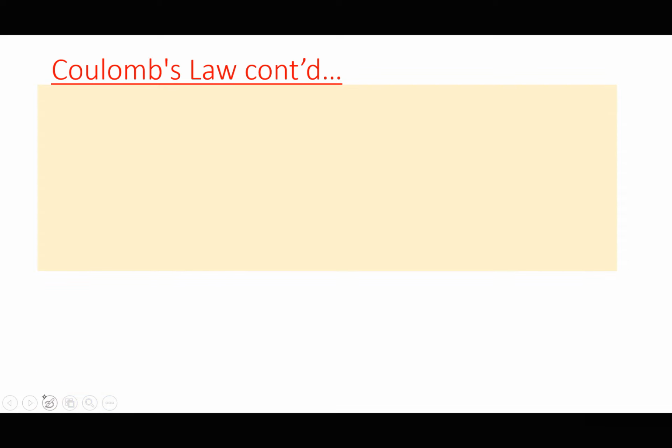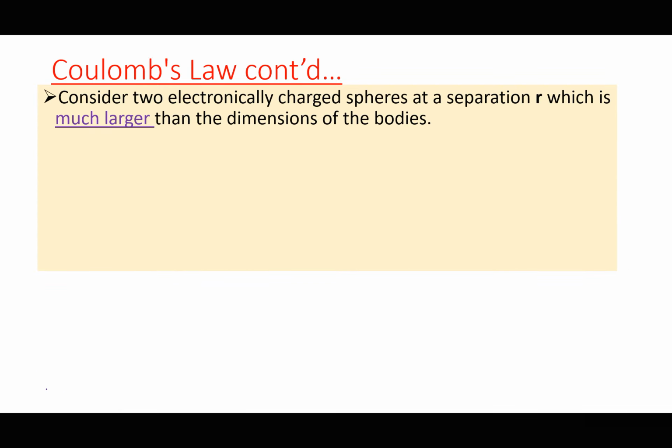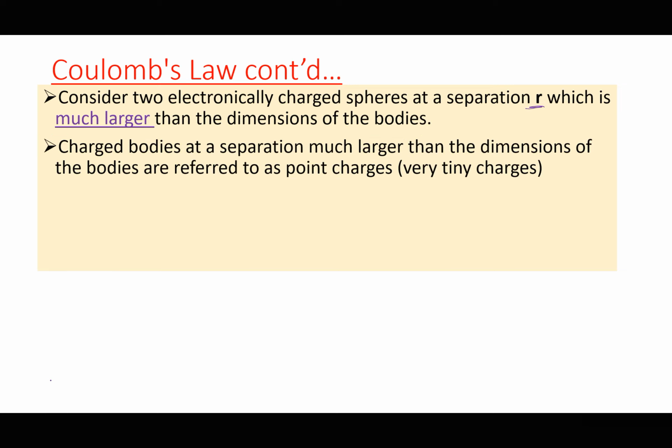So let's consider two electrically charged spheres whose separation, or the distance between the centers, is much larger than the dimensions of the charged spheres. If that is true, then the charged bodies at a much larger separation than their dimensions are referred to as point charges.